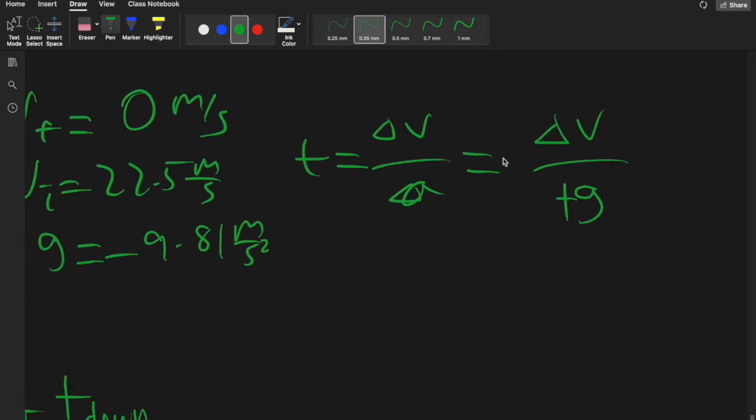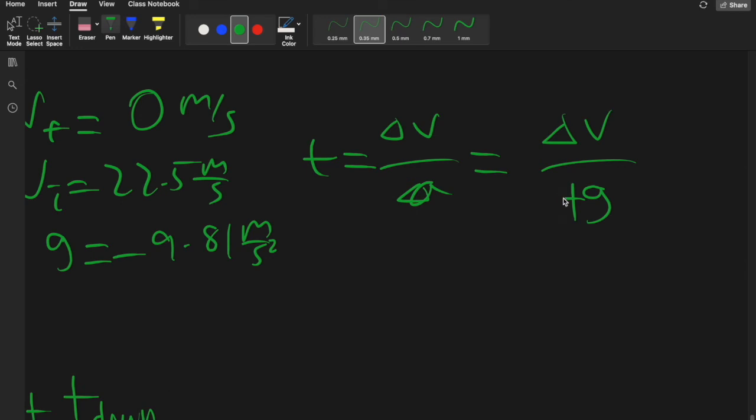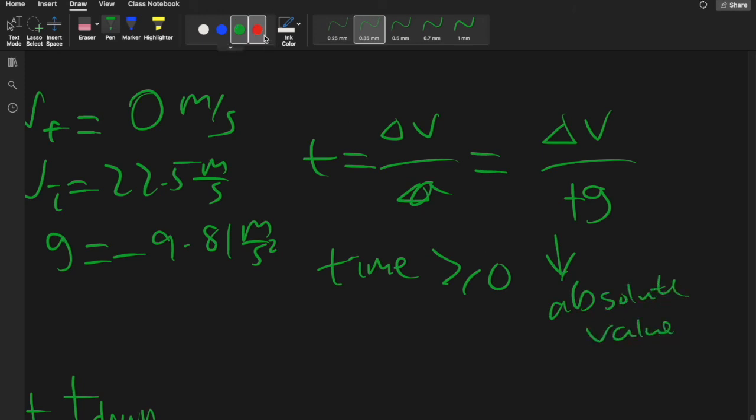So how can we solve? But is there anything wrong with this equation? Yeah, because time is always greater than or equal to 0. So what we need is the absolute value. So we need to have an absolute value sign here.